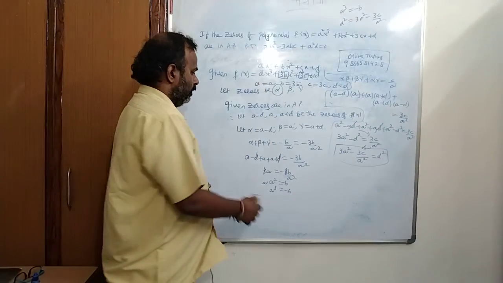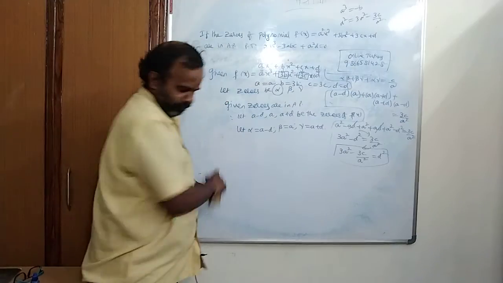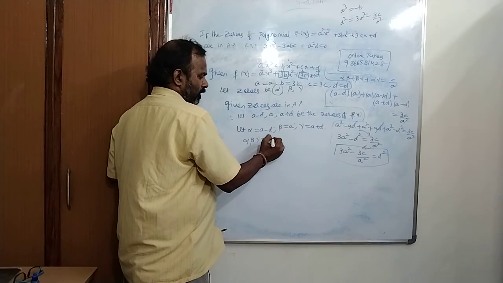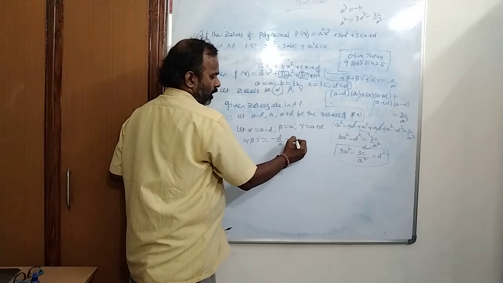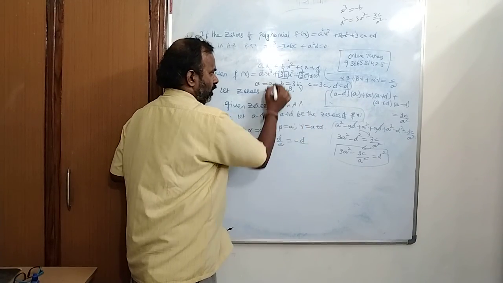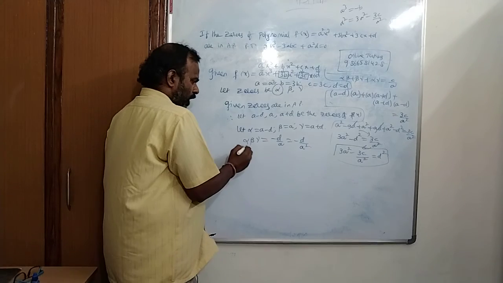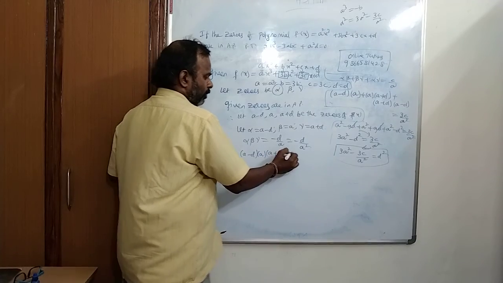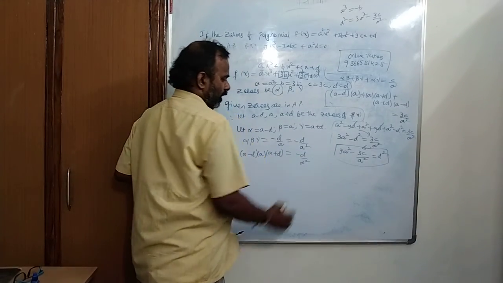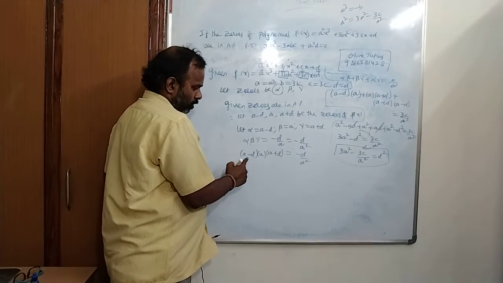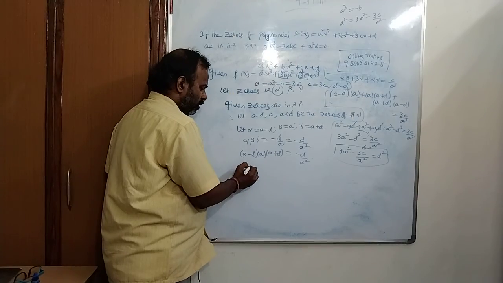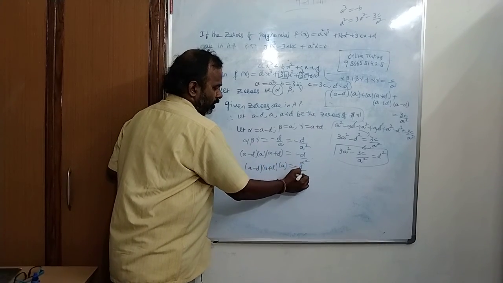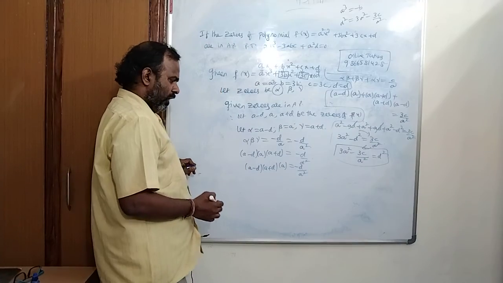Now we have to find the product of zeros. So alpha beta gamma is equal to minus d by a. Minus d will be as it is, and a is here as a square. So alpha beta gamma, a minus d into a plus d into a, is equal to minus d by a square.